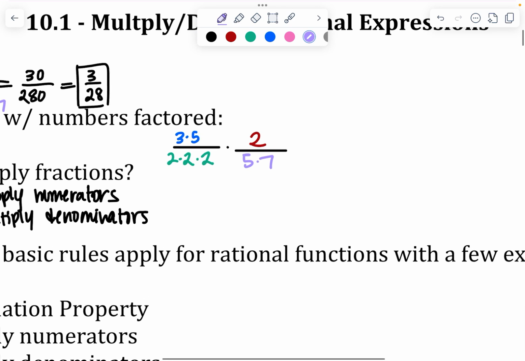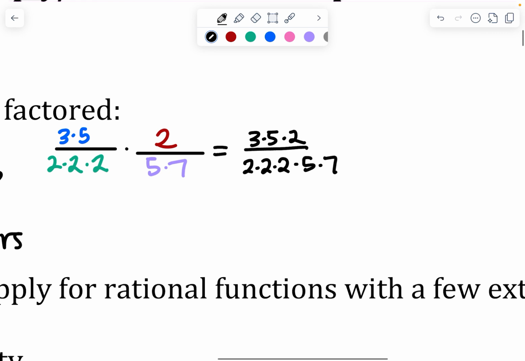Okay, and so remember, we're multiplying the numerators and multiplying the denominators. So everything on top is getting multiplied, everything on bottom is getting multiplied. And so we can write it as one fraction. And then remember, any factor on top can cancel with any factor on bottom. And so I see a 2 on top and a 2 on bottom. You don't get 2 for 1, so only 1 cancels.